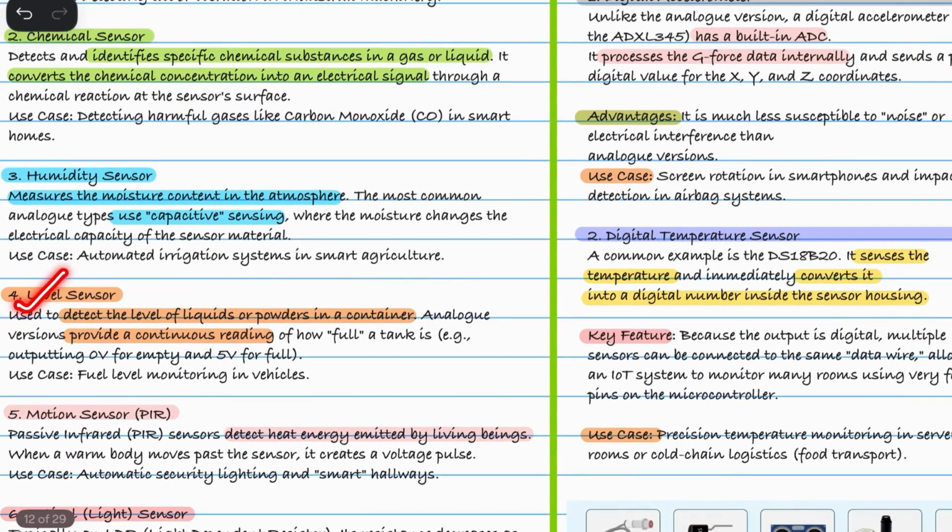Then we have level sensors. Level sensors are used to detect the level of liquid or powders in a container. It is a continuous vertical strip or a float system inside the container.